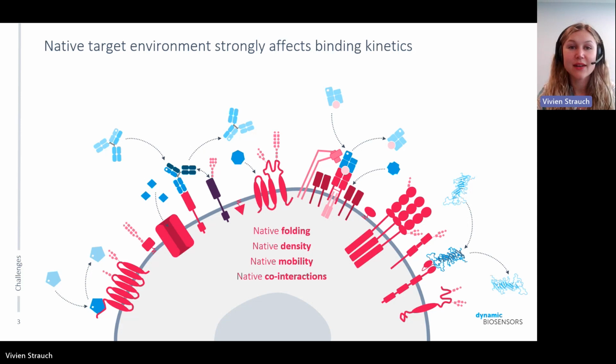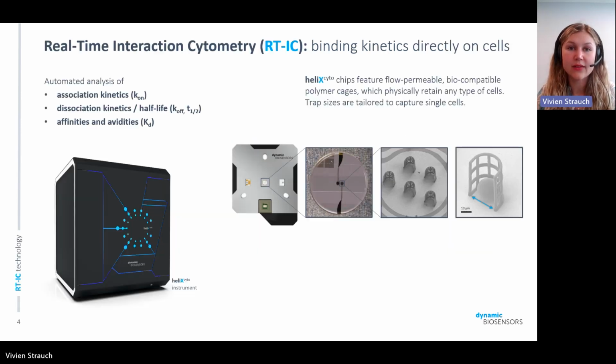So today I would like to present to you a technology that enables you to do just that and investigate the transmembrane protein directly on the cell. The technology is called Real-Time Interaction Cytometry, or short RTIC. And the instrument that is used to perform an RTIC measurement is displayed here on the left side. It's the Helix Cyto biosensor.